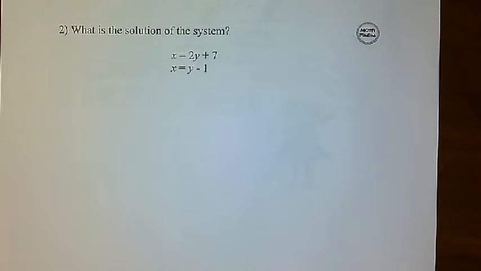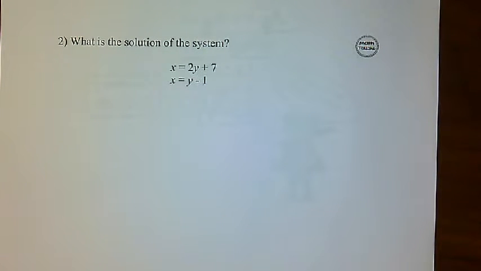All right, so I wanted to do one of these. Now this looks very similar to y equals mx plus b, but remember, these are both solved for x. Now these are the easiest types of questions because you can literally just set them equal to each other. Okay? This says that x is equal to 2y plus 7 and x is also equal to y minus 1. Well, we're trying to find when x and y are the same for both of these.